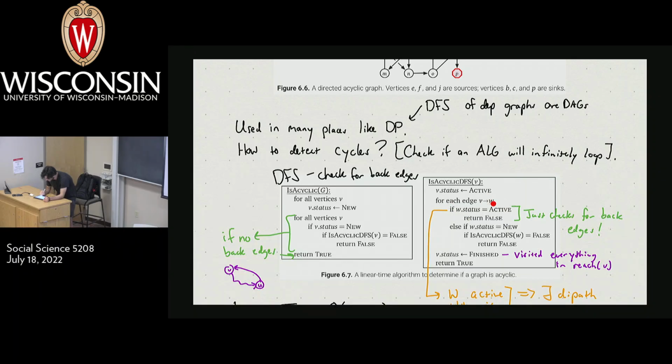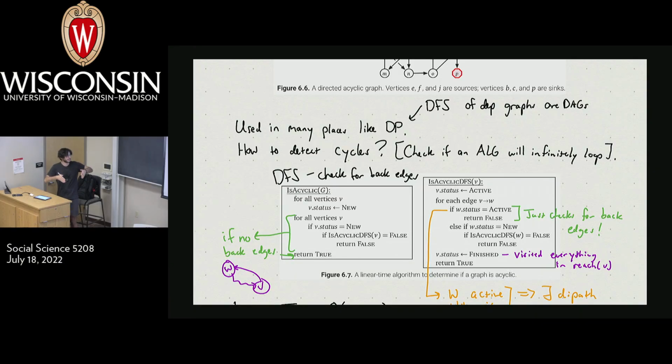For every edge v to w, we check is W status active. If it is active, that means V here is that W, so actually let me rename it so it matches. So this is W, this is V. So if W is active, that means it's already on the stack.